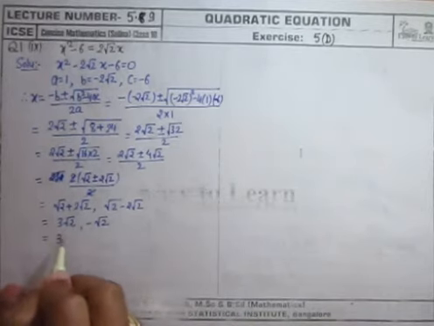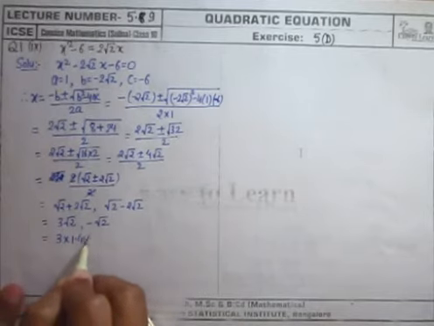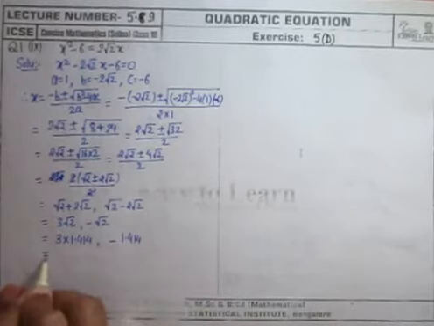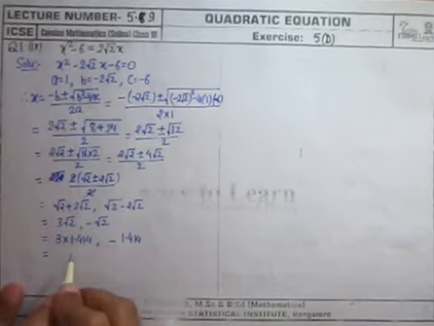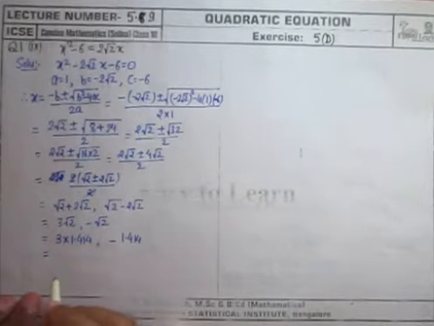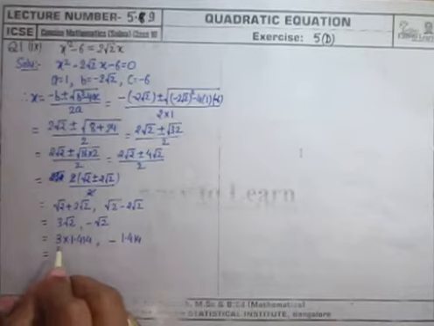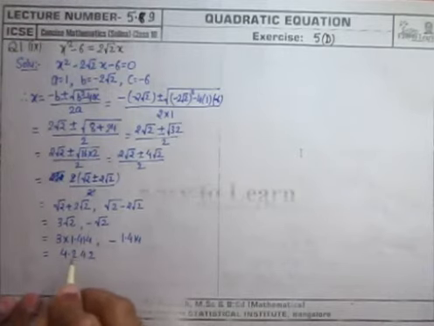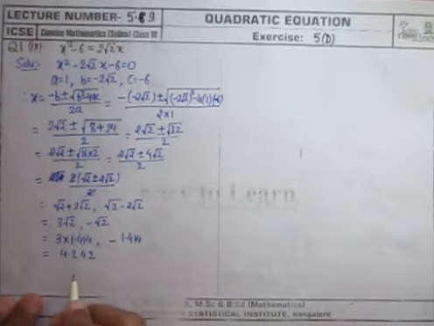So 3, the value of root 2 is 1.414, minus 1.414. So this answer will be 4.242.